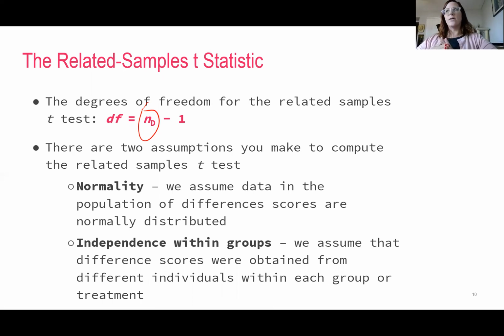Now we know that the scores from, say, the post-treatment are going to be influenced by the pre-treatment. Let's say we're talking about depression. If you go into something with high depression, it's going to influence how high your depression is after treatment. So there is not independence between, but within the group, Sam is not influencing Sarah's depression score. So the people within the treatment groups are independent from one another.